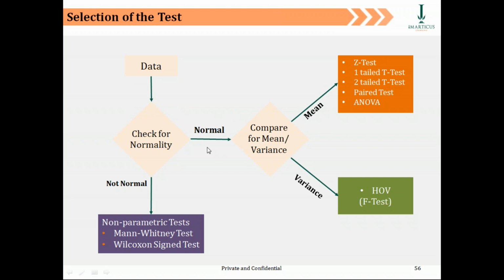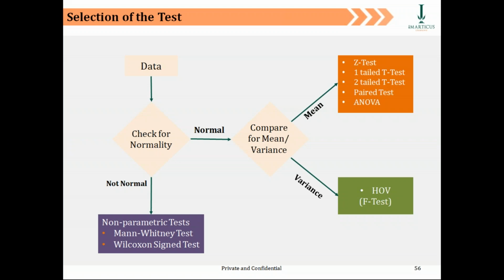There will be two things. Either your data will be normal or your data will not be normal. When your data is normal, then we are going to use these all: Z-test, T-test, ANOVA, F-test. These all tests happen. That's what I explained. This all comes under what we discussed. Clear?